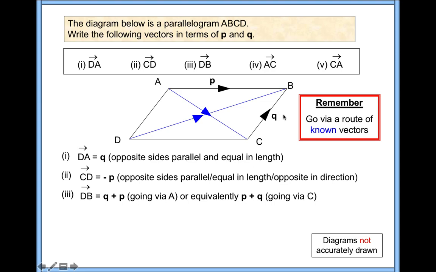Okay. Now vector AC will be also what? It will be P plus negative Q. It can be written in both ways. Here, as I showed you, both ways I will write and show you.